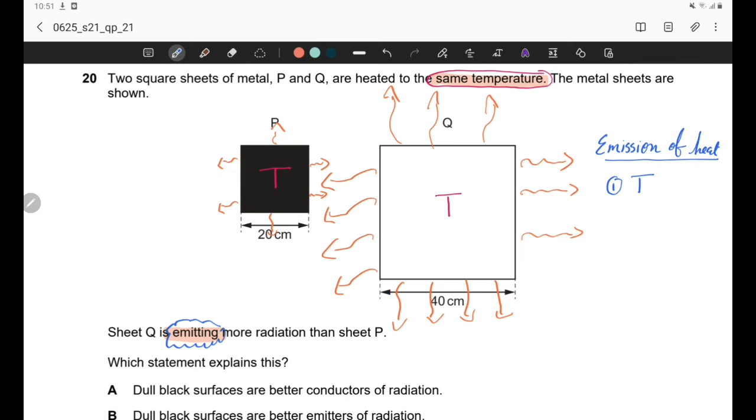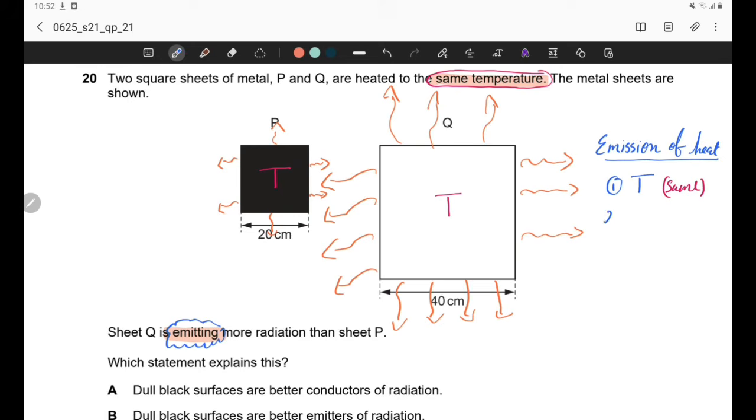When the temperature of an object is more, it will emit more thermal energy. So temperature is a factor which decides the amount of emission. But in this question both sheets have the same temperature. That means we cannot look at temperature. Is it because of the temperature that sheet Q is emitting more? No, both sheets have the same temperature.